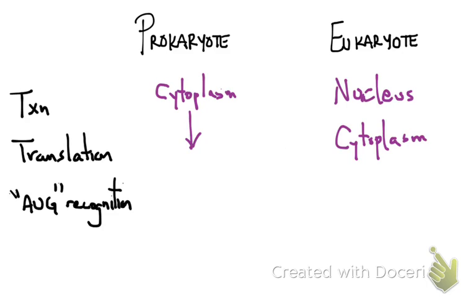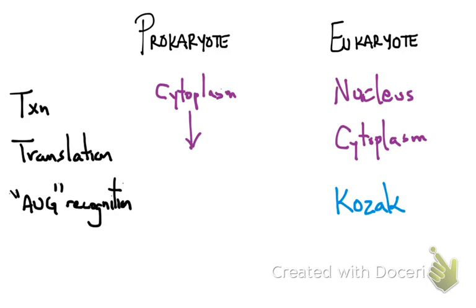Finally, one difference here that we find between prokaryotes and eukaryotes is that the first AUG in eukaryotes is typically going to be the first one that occurs somewhere after that 5' cap. Also, what we're going to find is that the ribosome actually scans for what's known as a Kozak sequence. This sequence is just a short strand of nucleotides that basically signifies to the ribosome that the next AUG after the Kozak sequence is going to be the start codon.